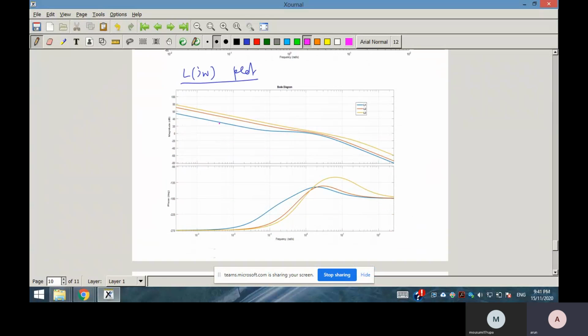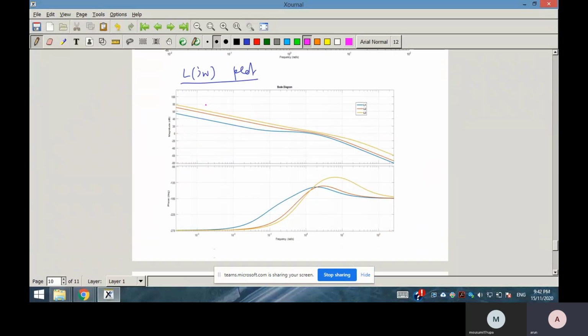Also, check whether your disturbance attenuation and noise attenuation are proper or not. Given a filter, suppose WD(s) or W eta(s), in fact you can superimpose 1 by WD(s) and 1 by eta(s) along with your loop transfer function, and you can check whether the disturbance attenuation condition and noise attenuation condition are satisfied or not.